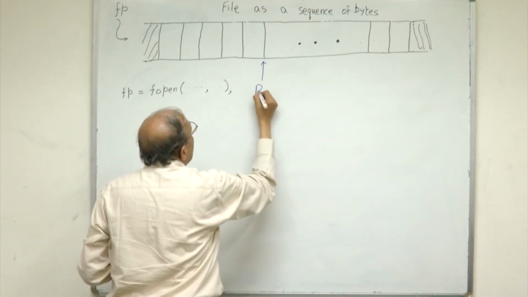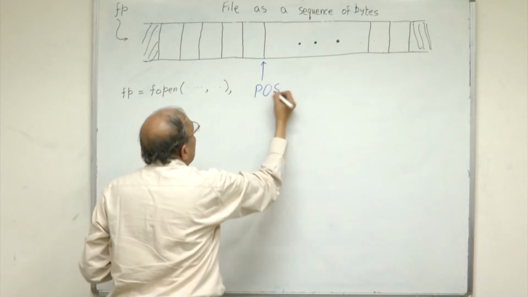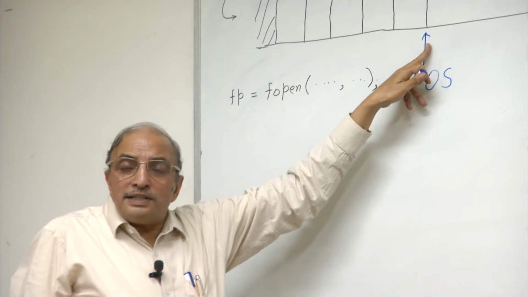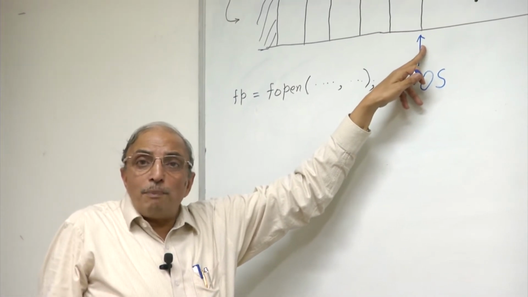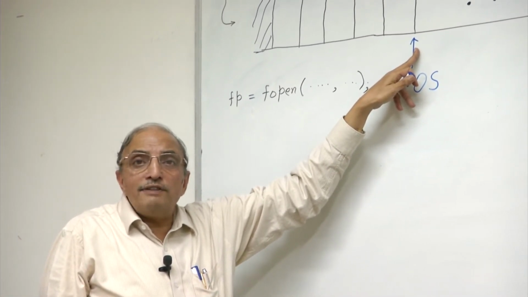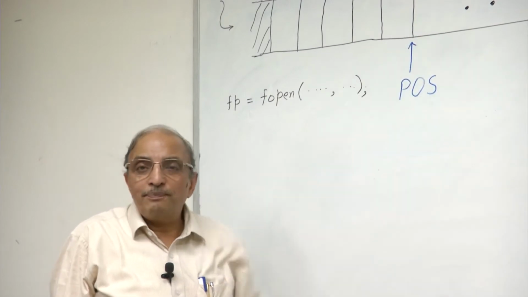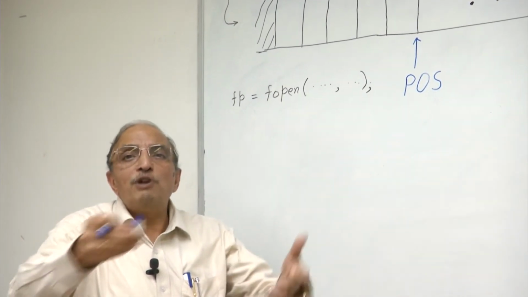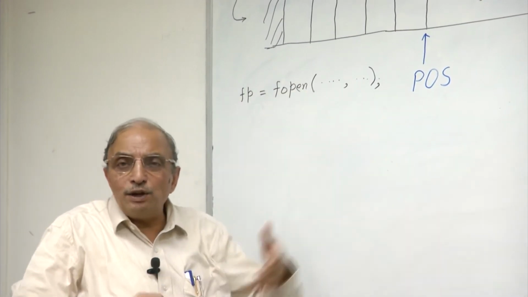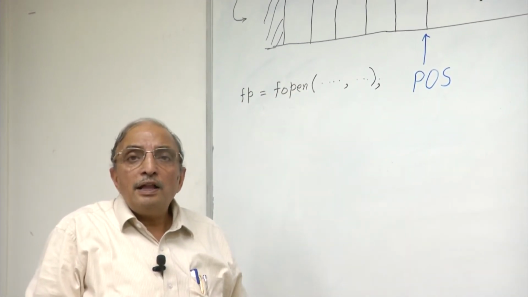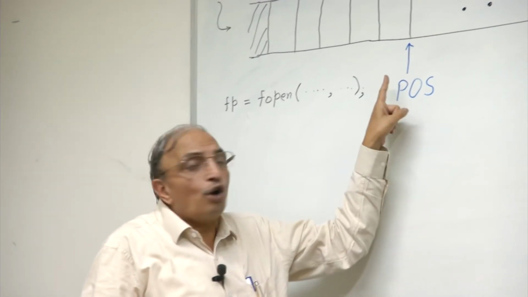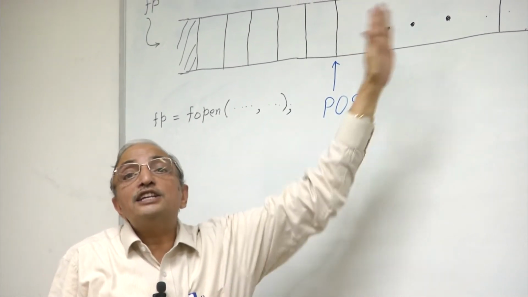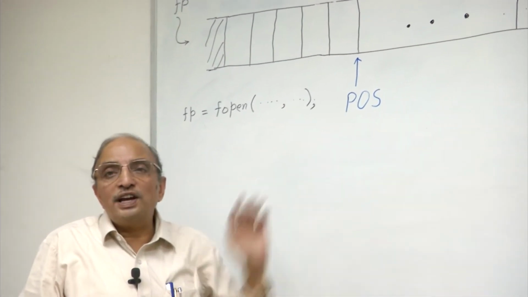An internal variable pos might be pointing to this point. What it means is that any subsequent operation of reading or writing of data will happen at this point. Whenever a read operation takes place, so many bytes will be read from the external file into the computer's memory. The position is automatically advanced to the next byte position in this logical array.